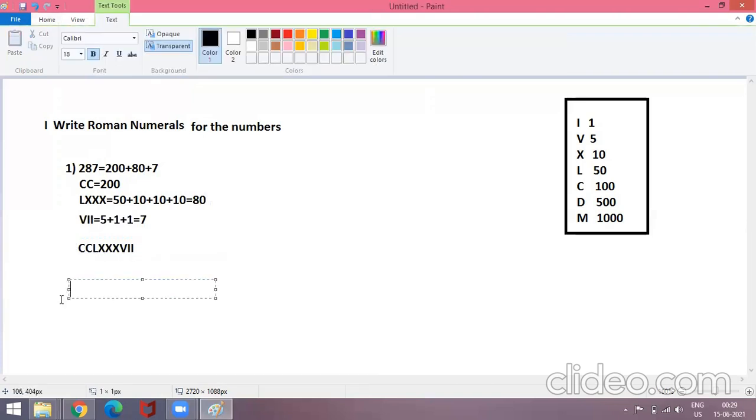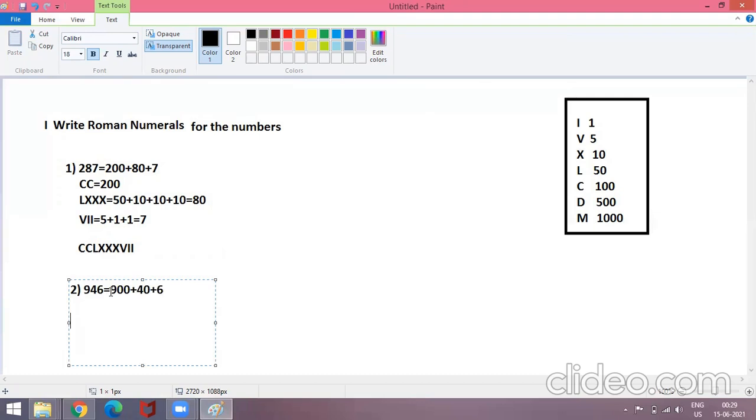The second one, 946. Now, in this case, you have to first expand the number, which is 900 plus 40 plus 6. For 900, shall we use this representation, D followed by 4 Cs?